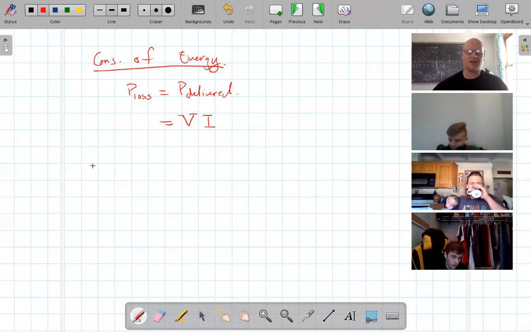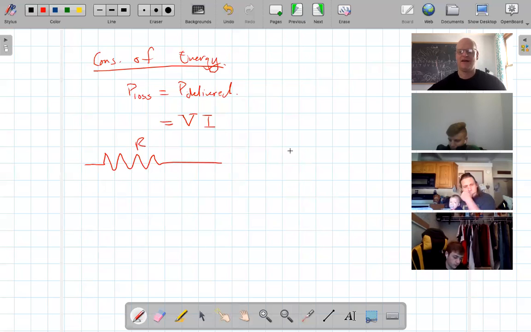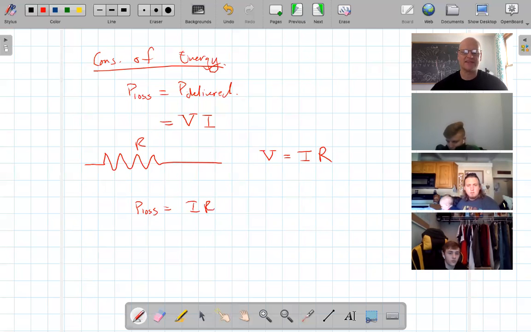Now, if this electrical element is a resistor, then it also has to abide by Ohm's law. Ohm's law again says that the potential is equal to the current times the resistance. So I can also write the power loss as the current times the resistance times the current, which is equal to the current squared times the resistance.